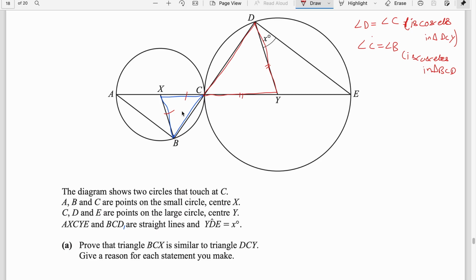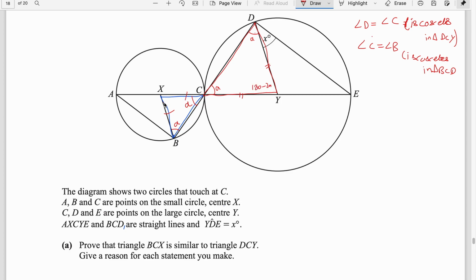If I name this small a, this is also small a, these are vertically opposite, so small a, again small a, and we can clearly see that these two angles are equal. When you subtract these two from 180, you get 180 minus 2a.